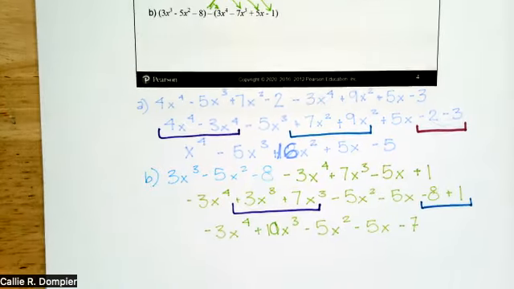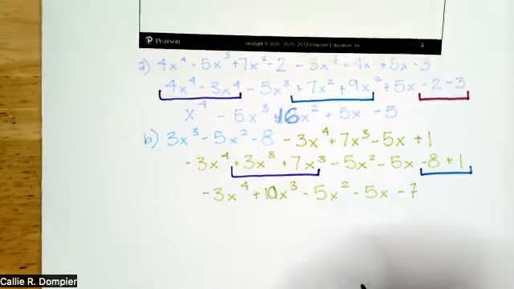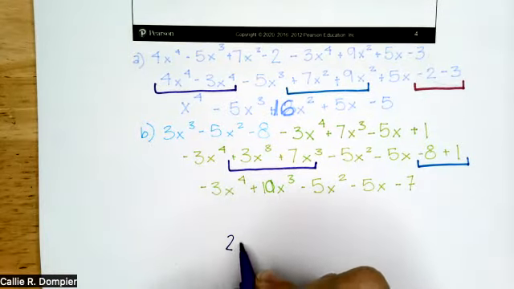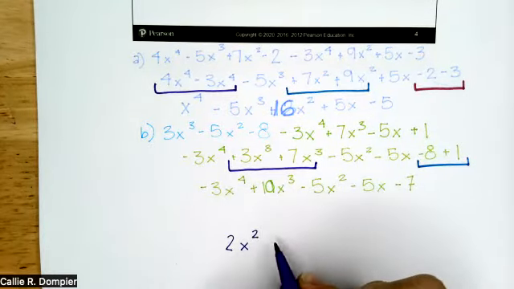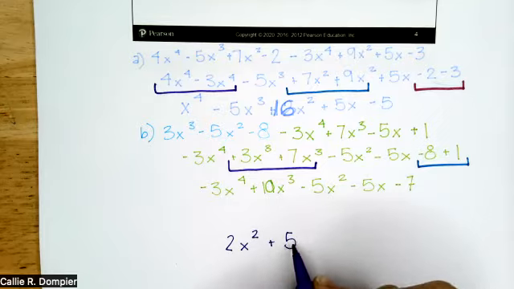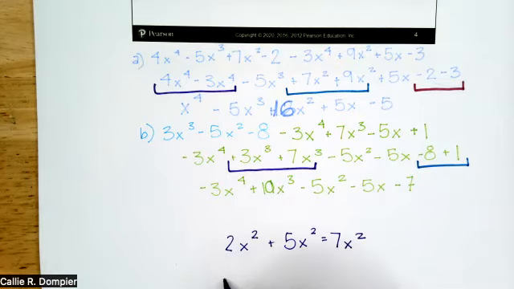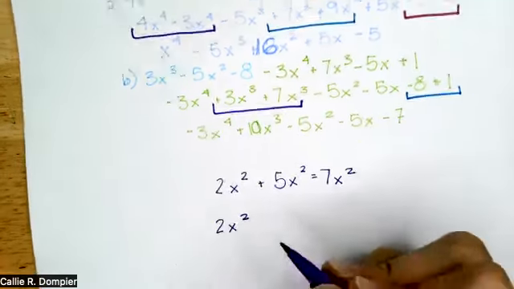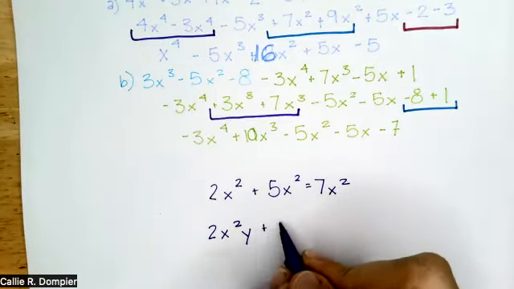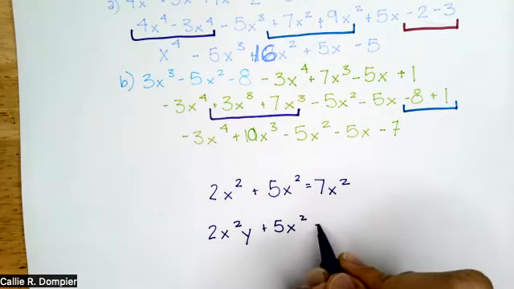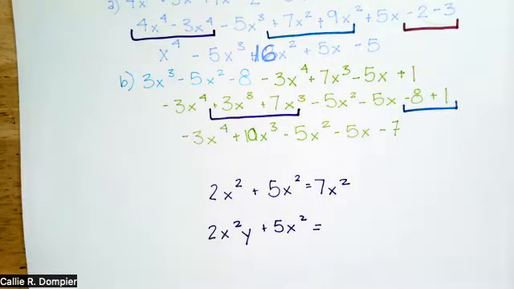All right, just also to be clear, let me give you an example of like terms, right? 2x squared plus 5x squared is 7x squared. But if I had like 2x squared y plus 5x squared, I cannot simplify that because that one has a y.